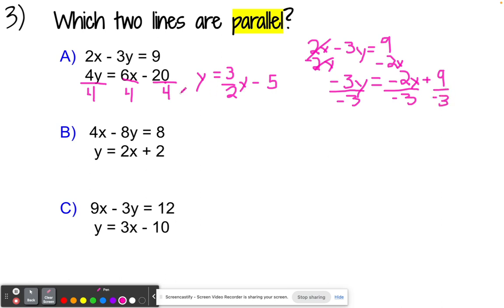So my second one is y equals 2/3 x. They're not perpendicular either. And 9 divided by -3 is -3. So nope.